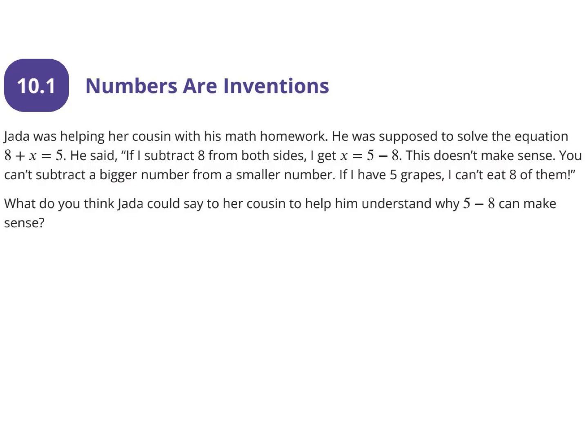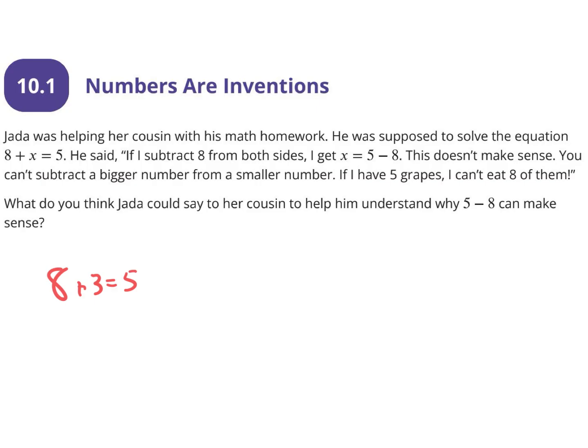Okay, so let's look at the first problem. Numbers are inventions. Numbers are made up. Jada was helping her cousin with his math homework. 8 plus some number is 5. And we all know that 8 plus 3 equals 5.